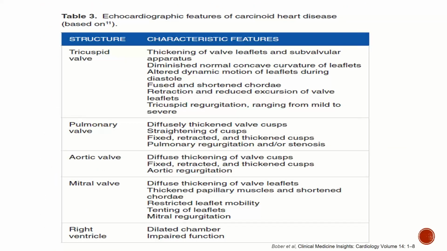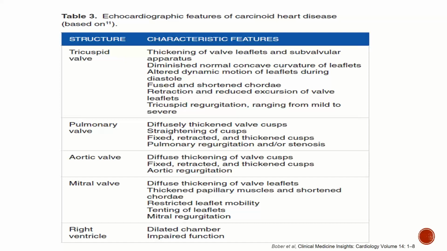Regarding involvement of the heart, the echocardiographic features of carcinoid syndrome are involvement of the tricuspid valve with thickening of the valve leaflet and subvalvular apparatus, diminished normal concave curvature of the leaflet, altered dynamic motion of the leaflet during diastole, fused and shortened chordae, retraction, and reduced excursion of valve leaflets.